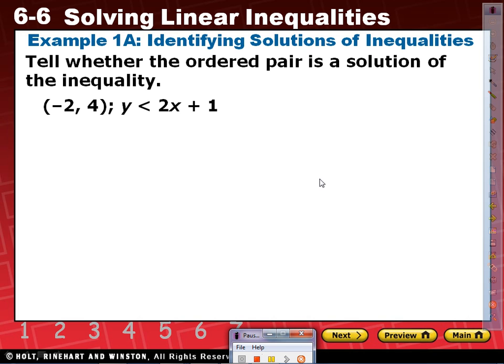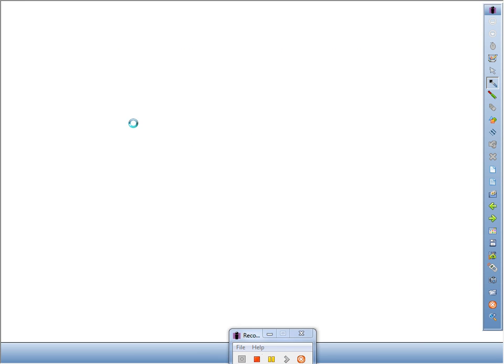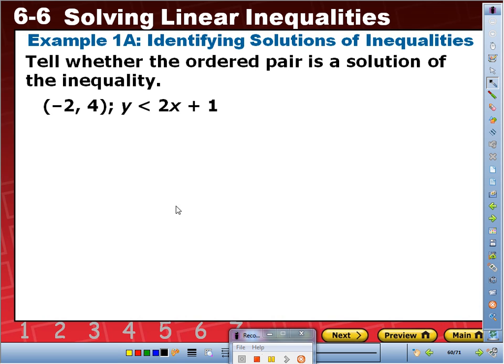Here it goes. Now, like I mentioned before, we already know how to check these. But we used to do the ones that were linear equations. But it's the same process. Check this out. I write my linear inequality, y less than 2x plus 1. But I need to substitute values, my x value and my y value.